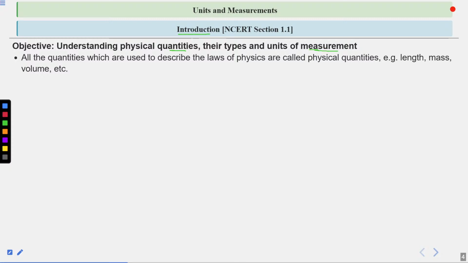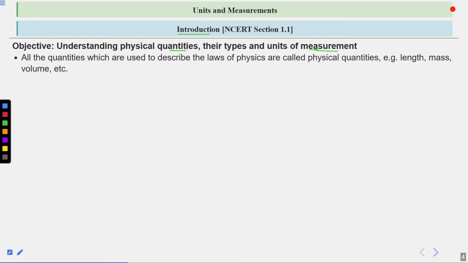So here the question arises: what are units of measurements? Using units of measurements, we can determine quantities like length, mass and volume.